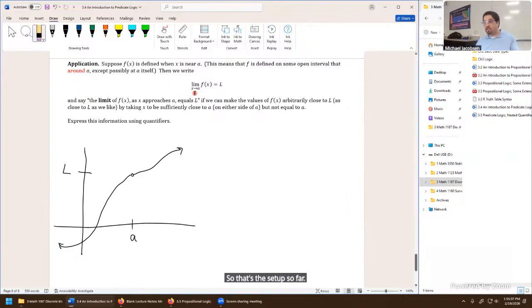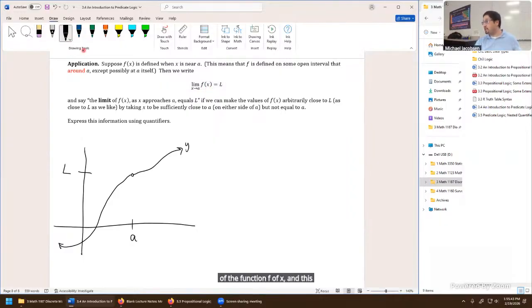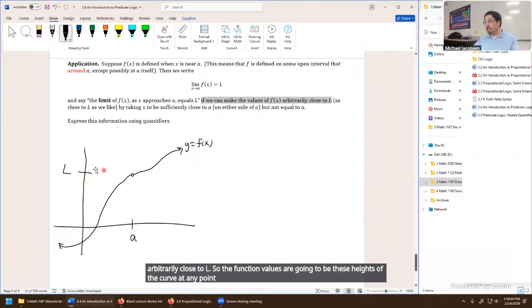Now we're looking at the statement, the limit as x tends towards a of the function f of x, and this is that function, y equals f of x, is equal to L. What that means is, this will be true if we can make the values of f of x arbitrarily close to L. So the function values are going to be these heights of the curve at any point as we're around a.